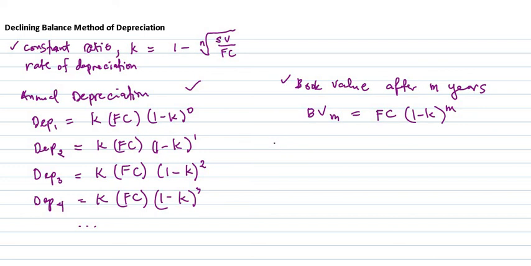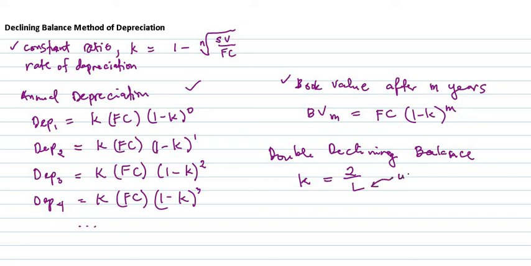Now, in the extension of the topic about declining balance method, we also have what we call the double declining balance method. The difference here is the value of K. In the double declining balance method, we make use of K as 2 over L, wherein L is the useful life.